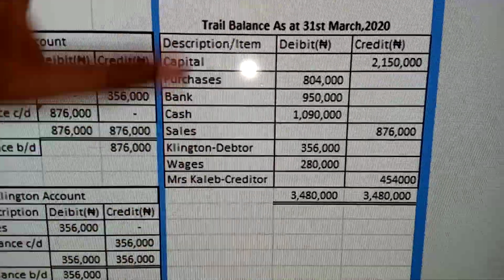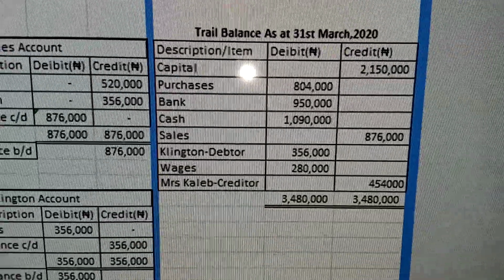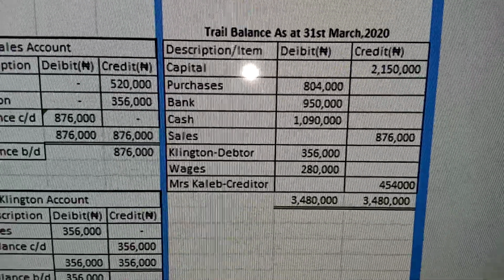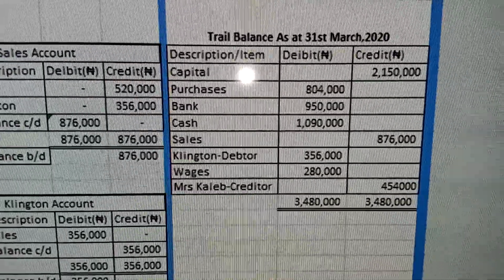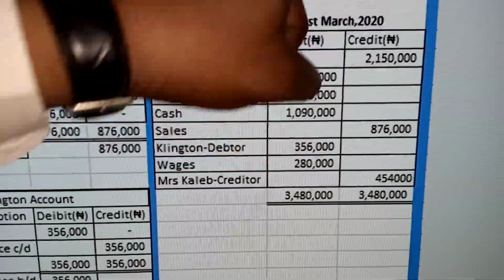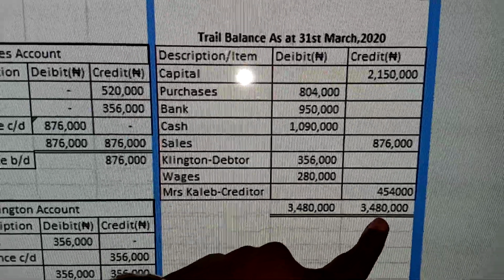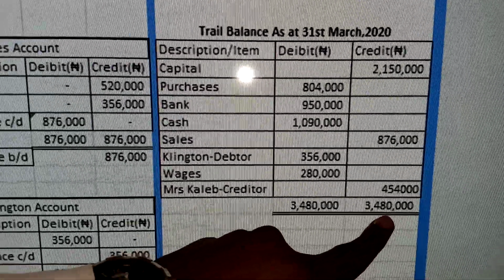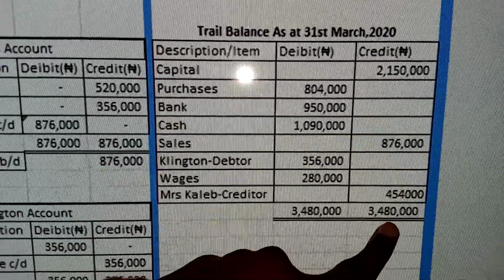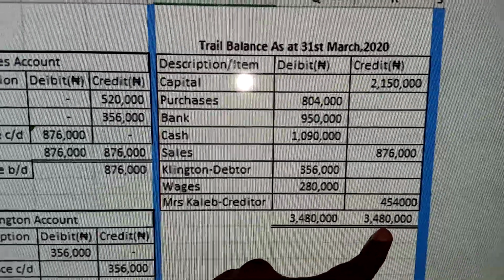So after extracting these balances, the test or the trial here is to what? Ensure that the total in the debit side is equal to the total in the what? Credit side. This is the test of the arithmetical accuracy of the ledger balances.